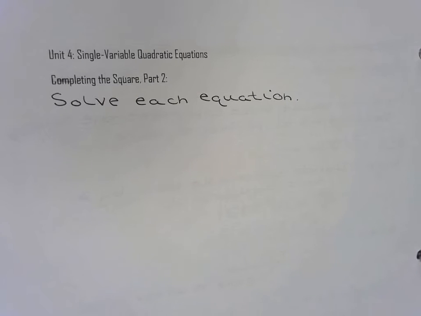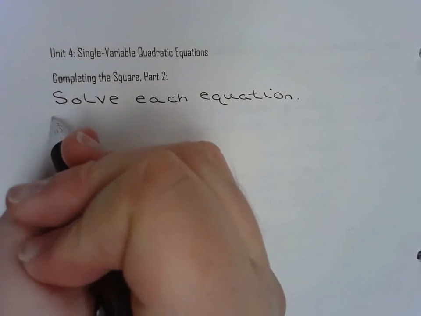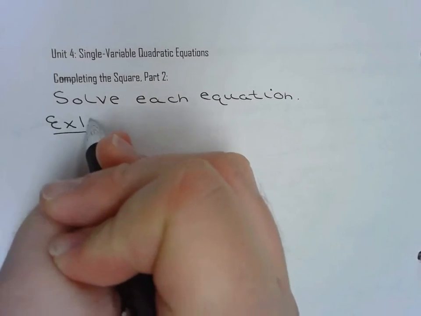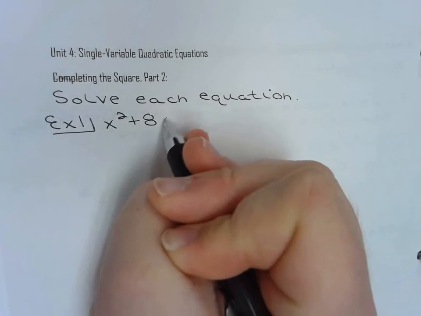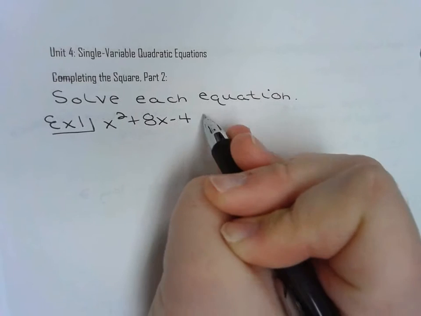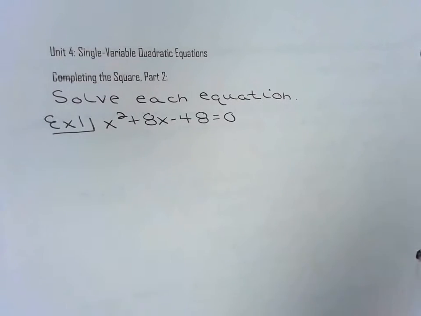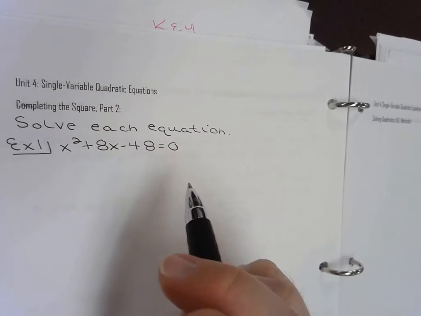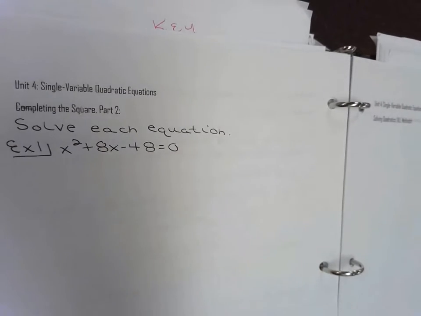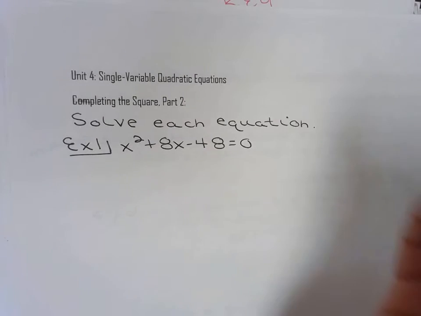Let's look at an example and I'll go through the steps for you. x squared plus 8x minus 48 equals 0. To solve by completing the square, a couple of things you need to notice.